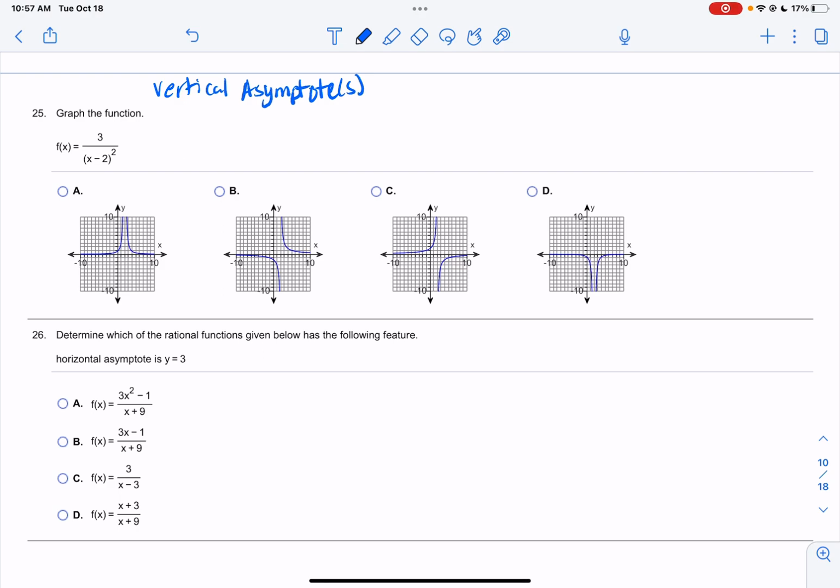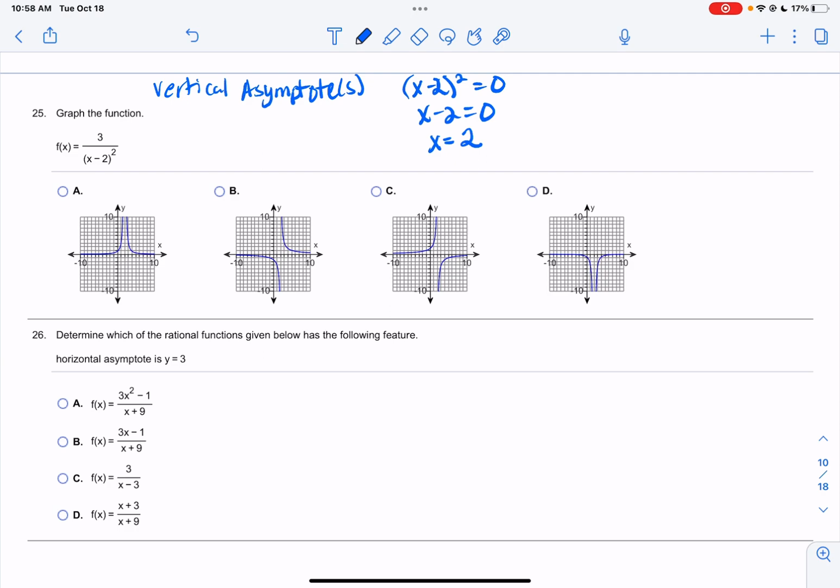So if we set the entire denominator, x minus 2 squared, equal to 0, and take the square root of both sides, setting x minus 2 equal to 0, we can see that x equals 2 is a solution, an x value that would make the denominator equal to 0. So our vertical asymptote is at x equals +2.